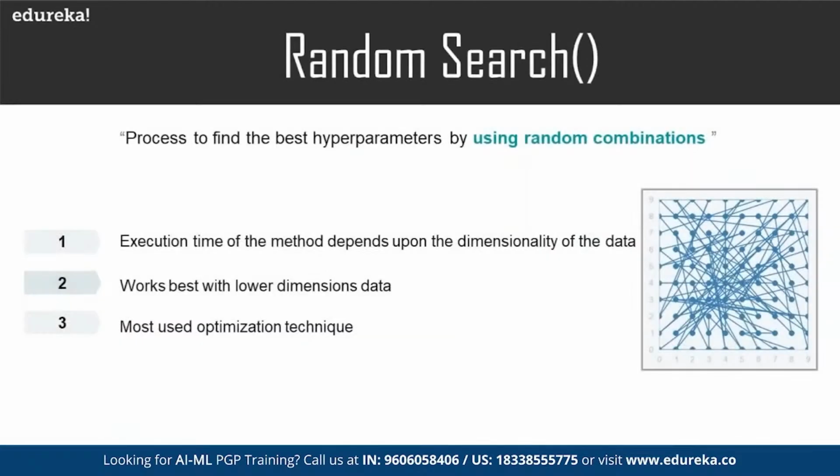Again, the execution time of such a method depends upon the dimensionality of the data. We may have 3D data or different data dimensions here. Usually this type of method works with lower dimension data, which is nothing but 2D.